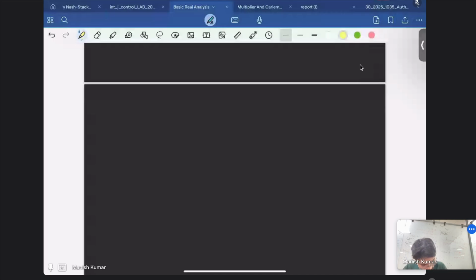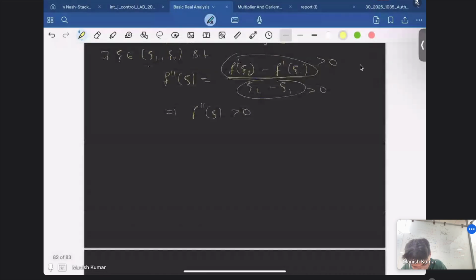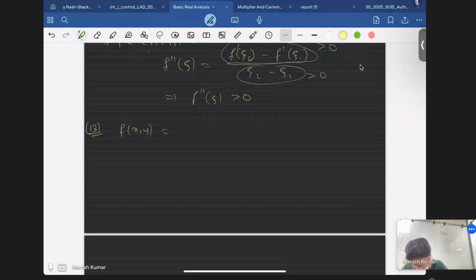Suppose this is the function f of (x, y) equal to xy upon x square plus y square, for (x, y) belonging to R2 minus (0, 0), and 0 if x equal to y equal to 0. So comment about differentiability at 0.